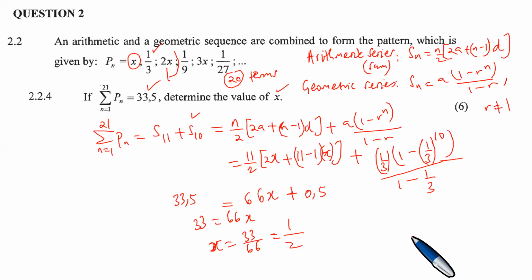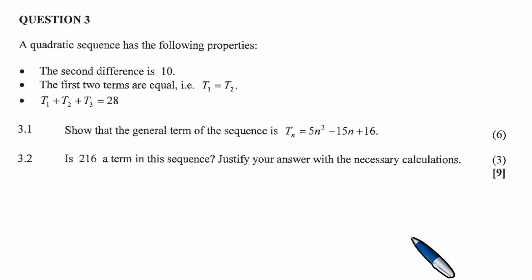Right, so the next question is about the quadratic sequence and series, because you must also understand the quadratic sequence and series. In this question, we have a quadratic sequence that has the following properties. The second difference is 10. The first two terms are equal, that is T1 equals T2.